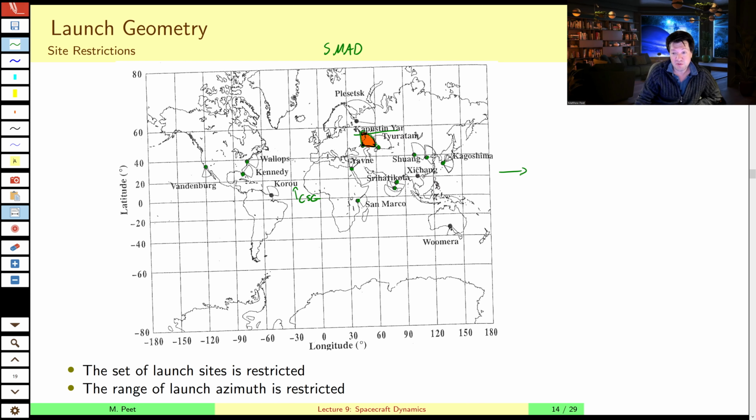If we launch east, we get a little boost from the rotation of the Earth, which gives us a little boost in velocity, so our rockets don't have to push quite as hard. So that's the majority of launch sites, and you can see them here: Wallops, Kennedy, Kourou. These guys, the Chinese ones, all looking fairly to the east.